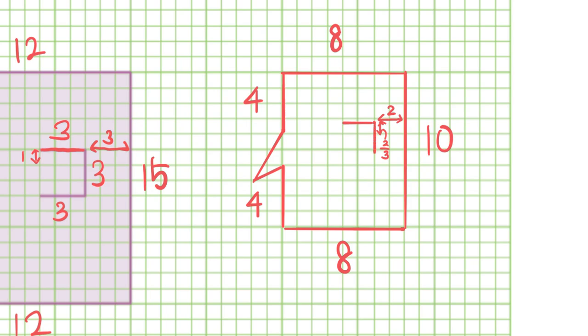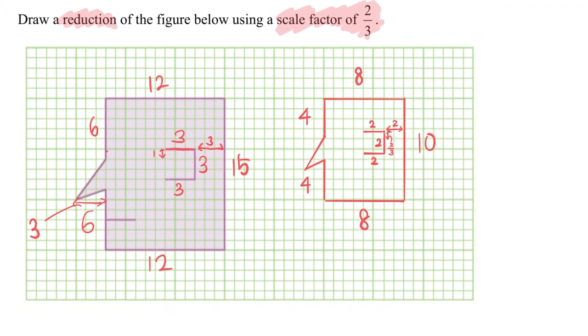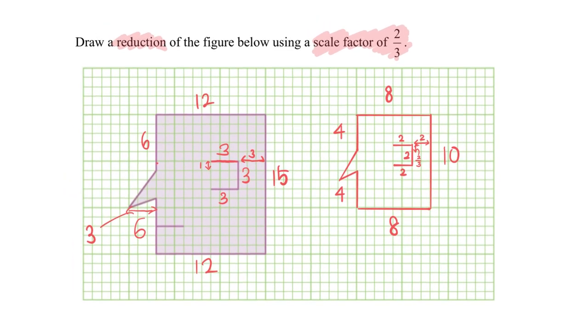I should reach here. And lastly, this will be the final answer, where I will have 2, 2, 2. And let's zoom back out so we can see the final product. Okay, and let's move on to the next example.